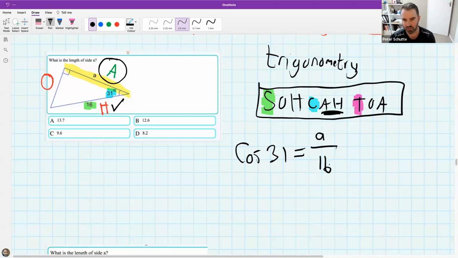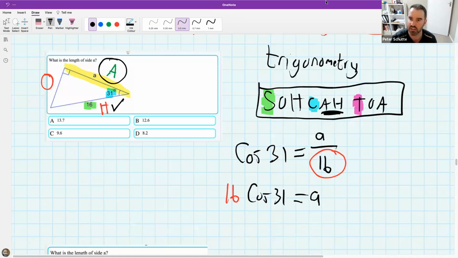Then, in order to get A by itself, I need to multiply both sides by 16, or move the 16 over to that side, and I get 16 times the cos of 31 is equal to A. Which of the four options do you think is correct?